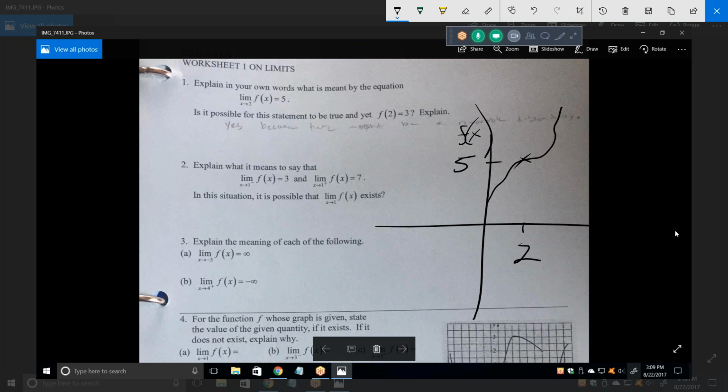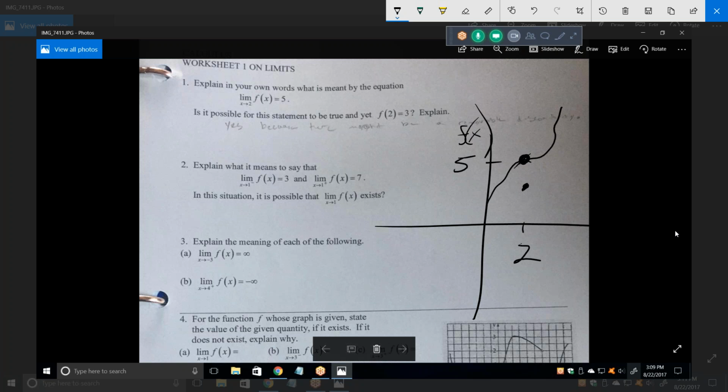So they're asking, is it possible for f of 2 to only be 3? I think it's possible. Yes. Because there could be a removable discontinuity. If we had a discontinuity right there with an open circle, then the limit as we approach 2 from the left would be 5, from the right would be 5.